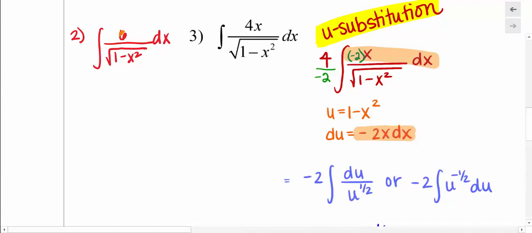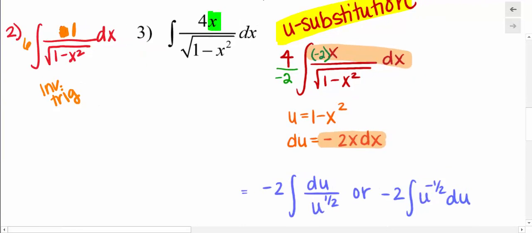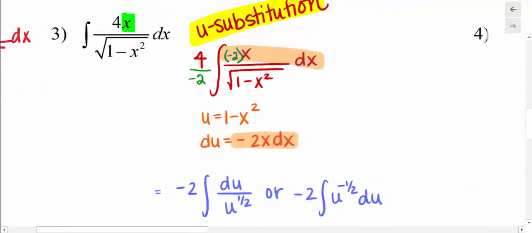Well, remember, we moved that 6 out in front, so we had a constant, right? Even though 6 is a constant, sometimes it just gets in our way. So we have a constant in the numerator, not a variable. So that was the inverse trig that we said for number 2. But number 3, when I look at it, has a variable in my numerator. So that's going to allow me to try U-substitution and see if that's going to work.